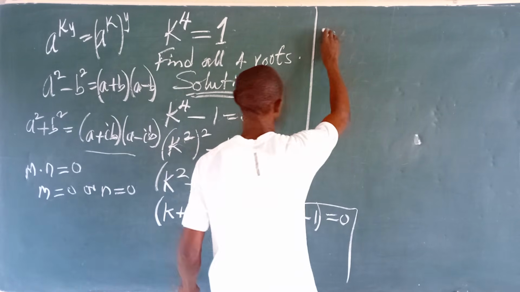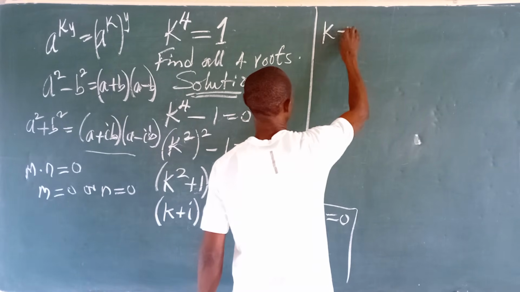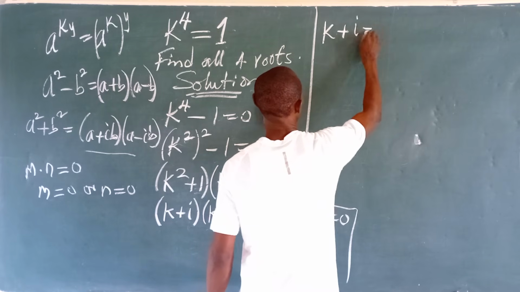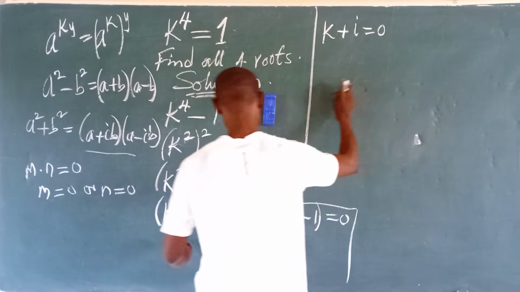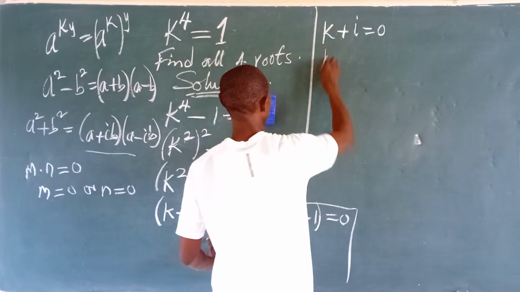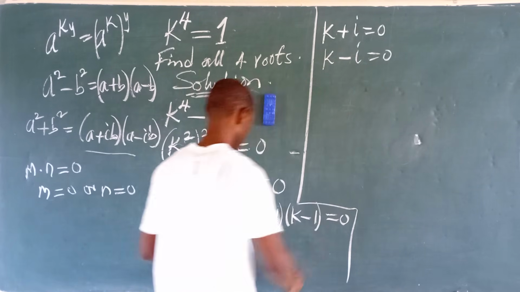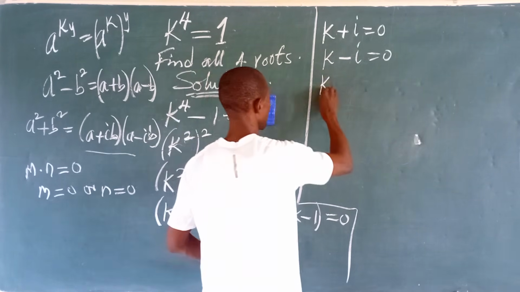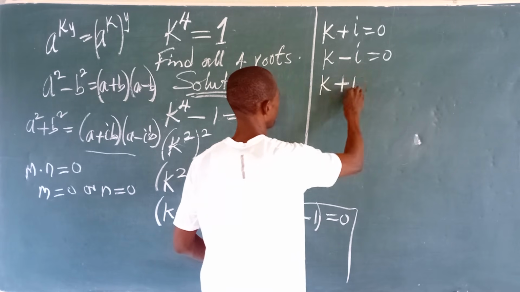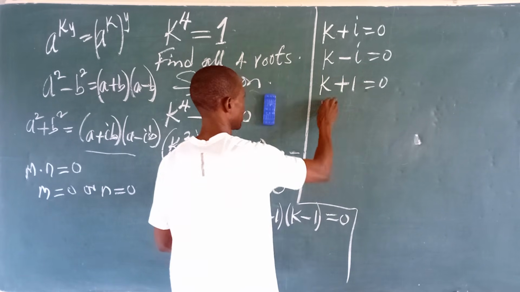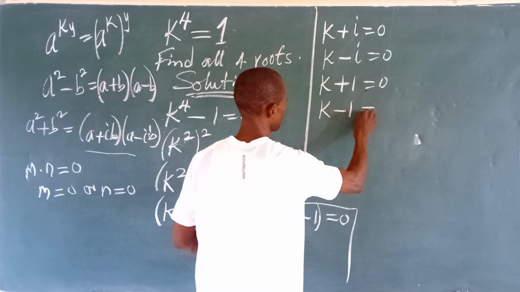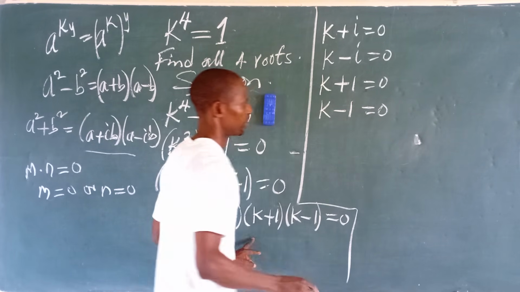For the first, we're going to have k plus iota equal to 0. Then the next one, k minus iota is equal to 0. The next one, k plus 1 is equal to 0. And the last one is k minus 1 is equal to 0.